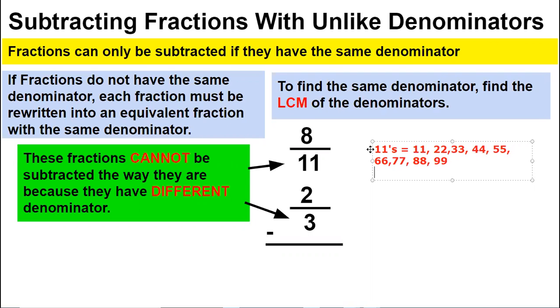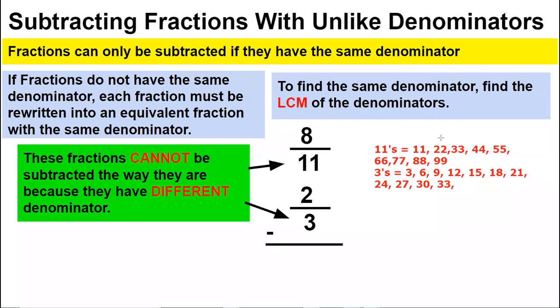And then I have to count by threes until I find my first match with the 11s. So 3, 6, 9, 12, 15, 18, 21, 24, 27, 30, 33. There it is. Did you see where I found my match? 33.